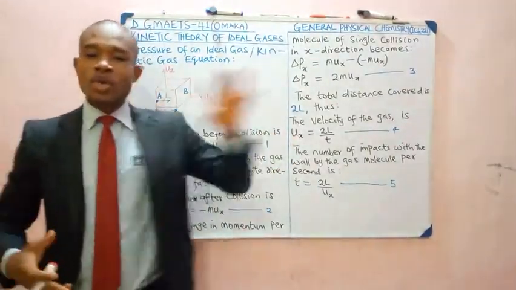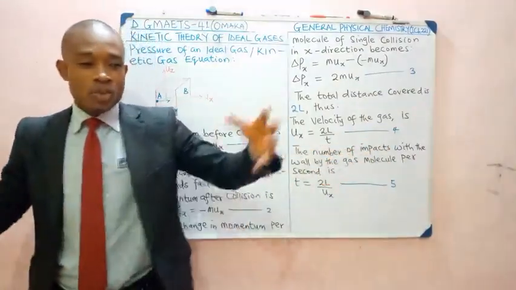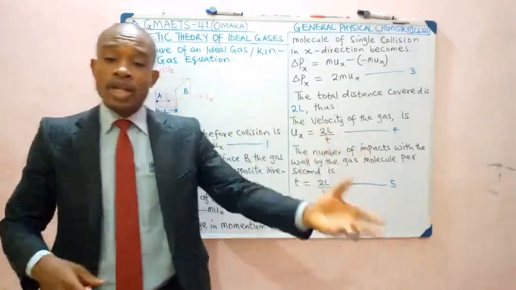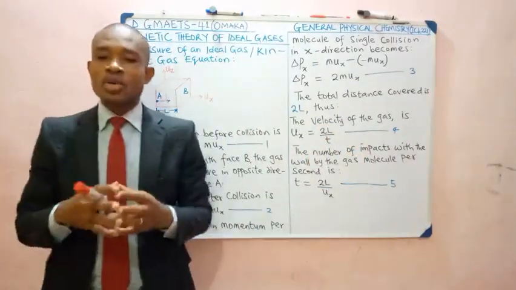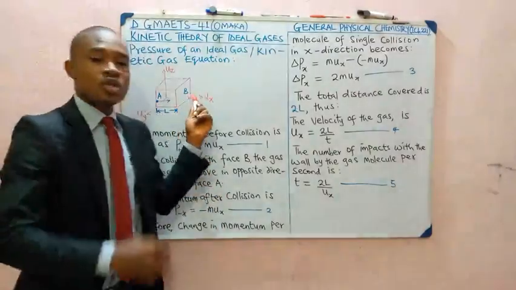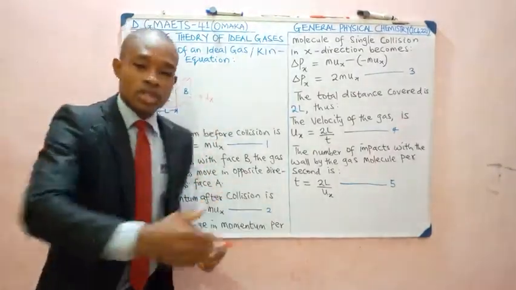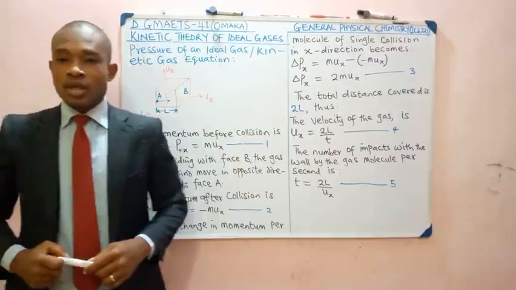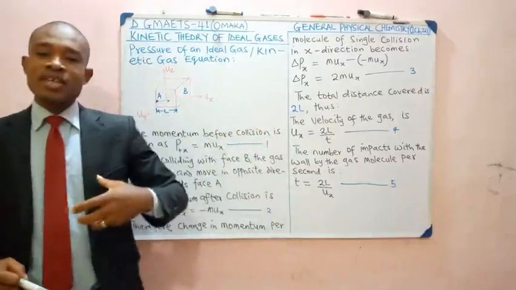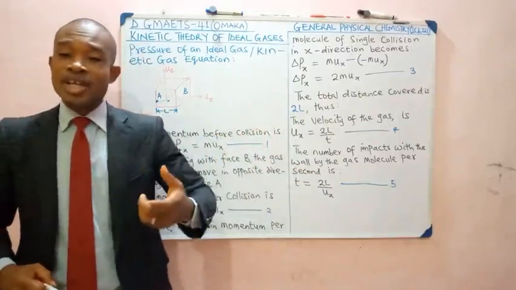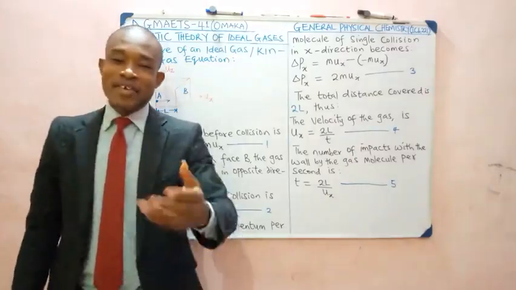What happens after colliding? It's just like playing a ping pong ball. As you play and hit possibly the wall, it rebounces back to you. Is that not so? Now, this gas molecule on colliding with phase B is going to rebound back with the same velocity with which it moved to phase B. Is that okay? So, what's going to happen? It's reversing its direction. So the velocity in that case is going to be negative. Remember, velocity is a vector quantity, so direction matters.